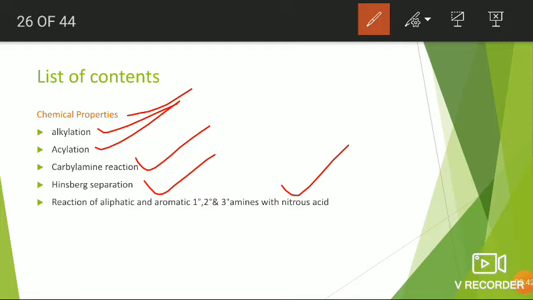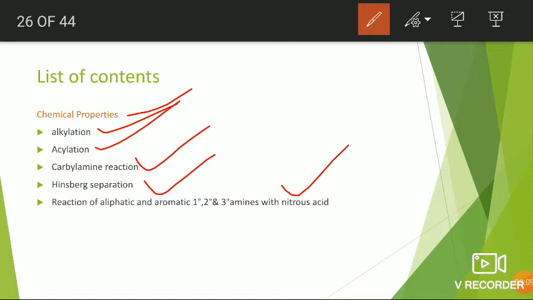Due to this lone pair of electrons, generally they act as bases and also act as good nucleophiles. That's why they undergo nucleophilic substitution as well as addition reactions with suitable reactants to form desired products.